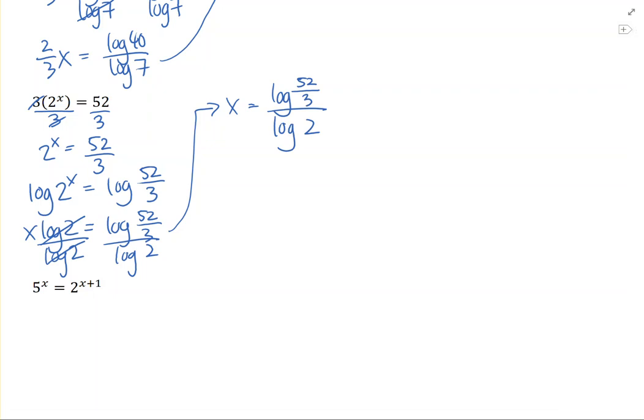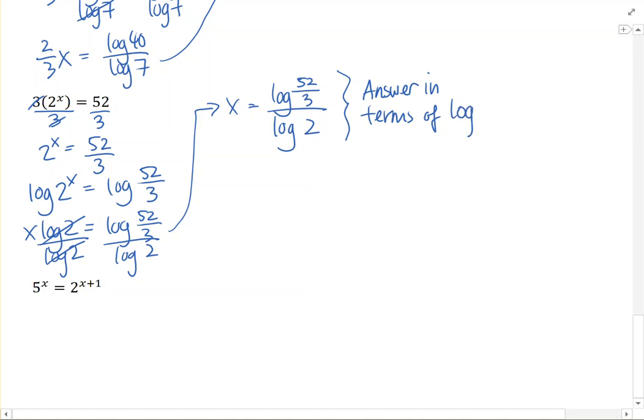Now sometimes for some questions, I may just ask for you to answer in terms of log. When you see that, this is the point at which you just leave your answer, when you can't simplify it anymore. At this point, to find your solution, all you can do is punch it into the calculator.